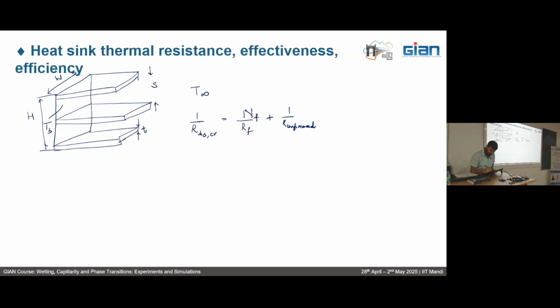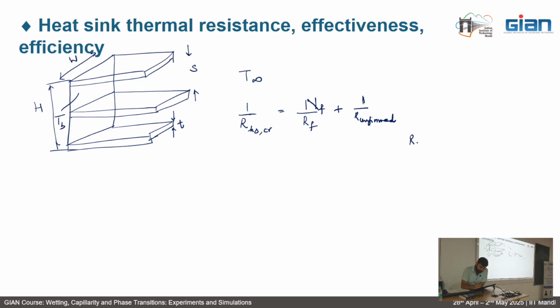This is N. And here R finned can be written as 1 by efficiency of a fin times H times area of a fin, and the R unfinned can be written as 1 over H unfinned times area of unfinned.